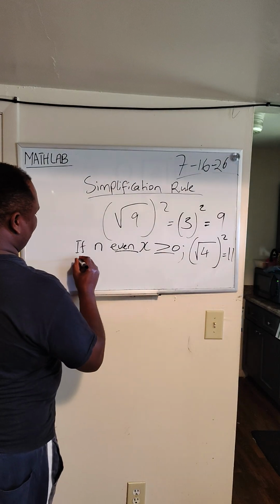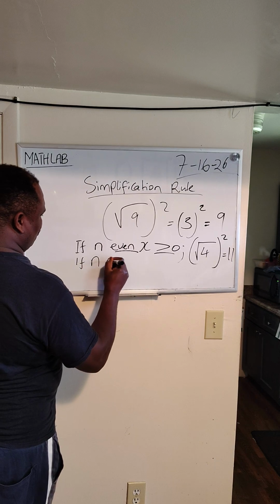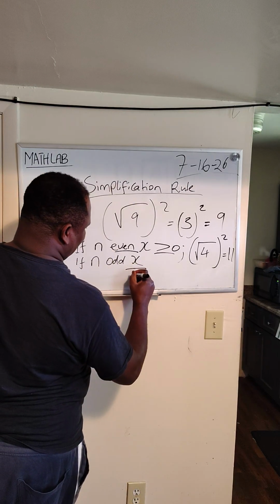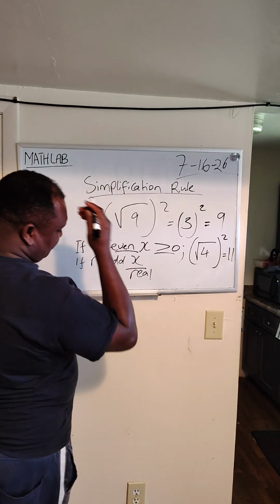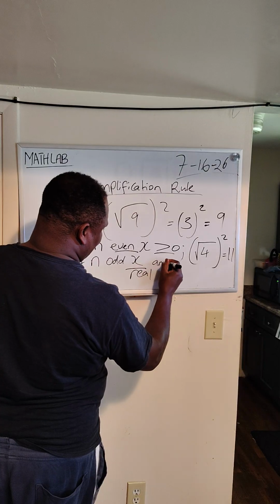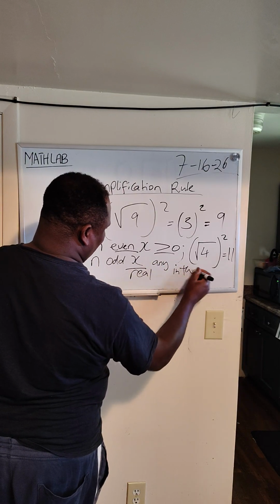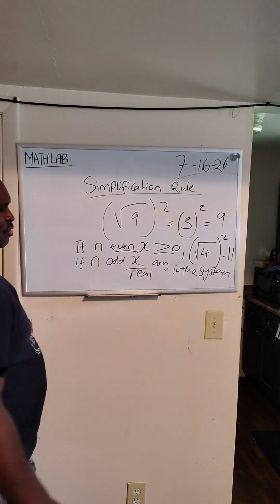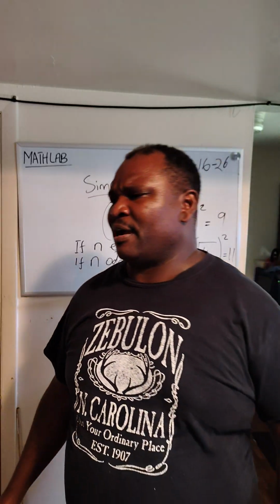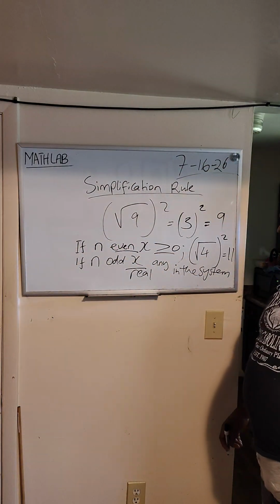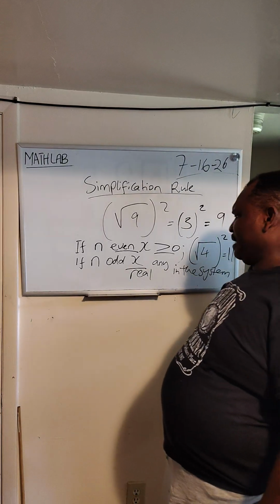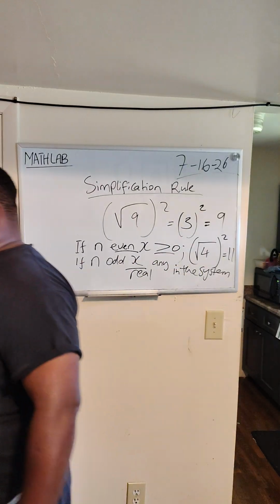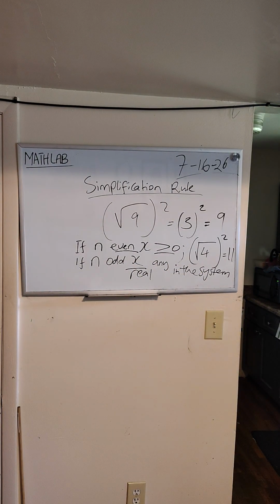So if n is odd, then x would be over any real number in the system. That is when the number is odd.